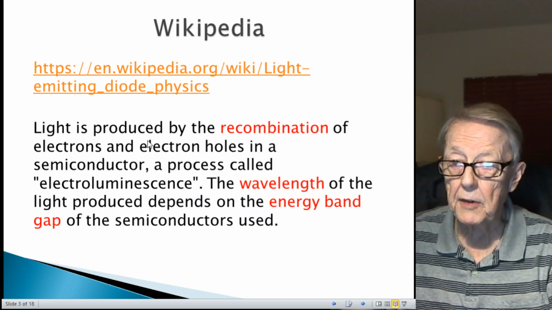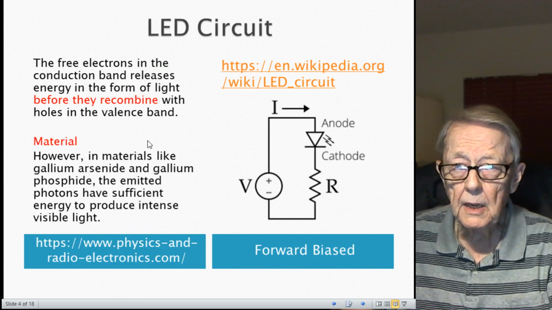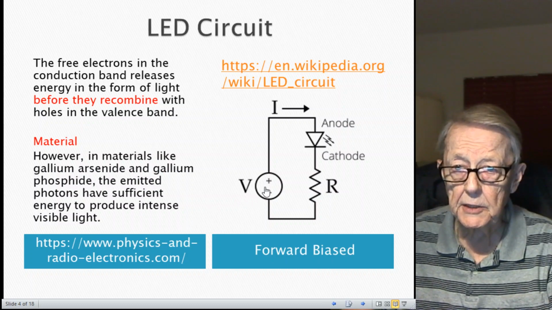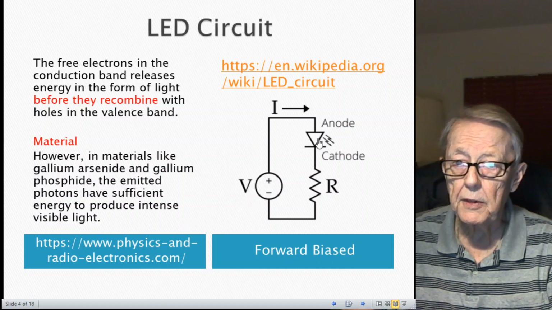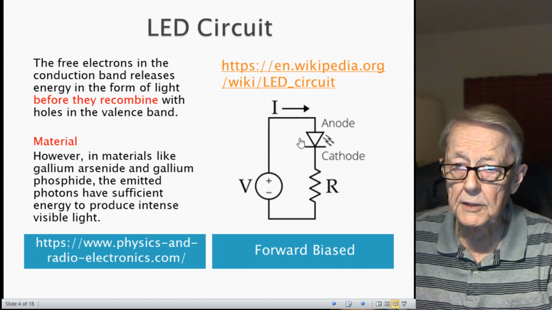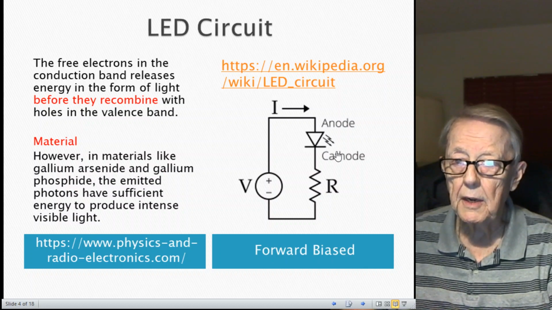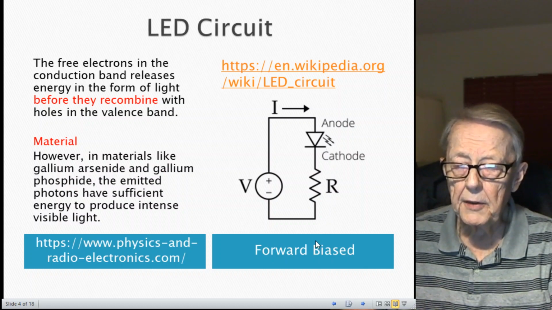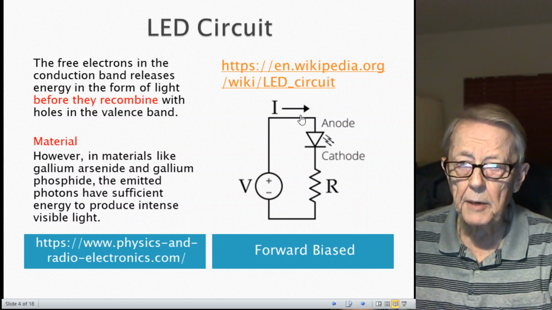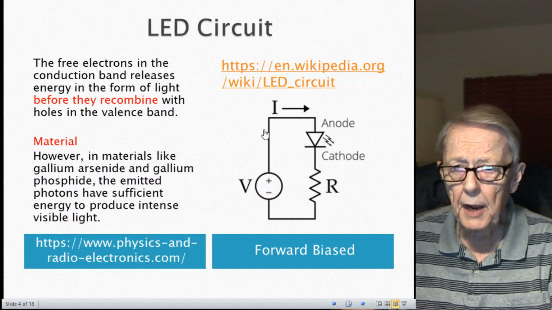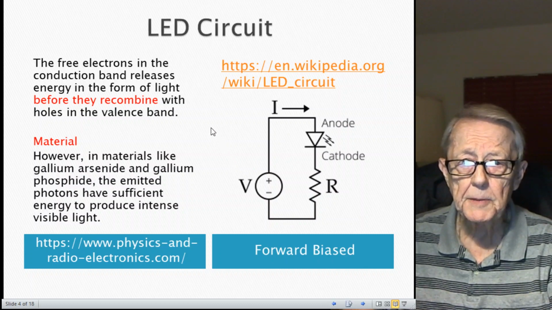That's the standard explanation. Here's an example of an LED circuit with a DC supply current flowing through the LED diode. That's the symbol, usually a light type. It looks like lightning coming out of the diode. And then there's the current limiting resistor, and the diode is actually forward biased.